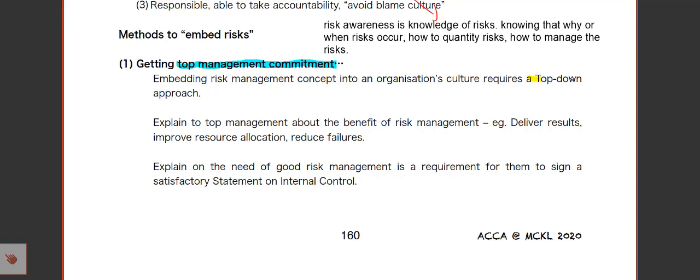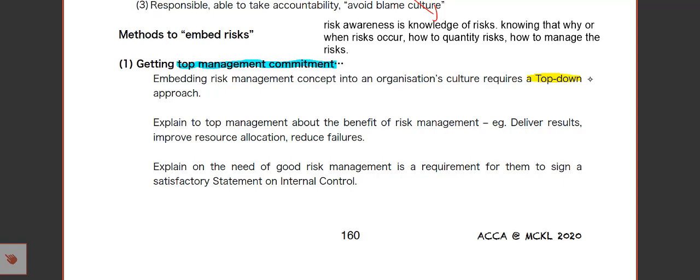Usually it's what we call a top-down approach, where the senior management must first agree that risk management is very important. If they agree, they will see the need of managing risk, and then they will show support.